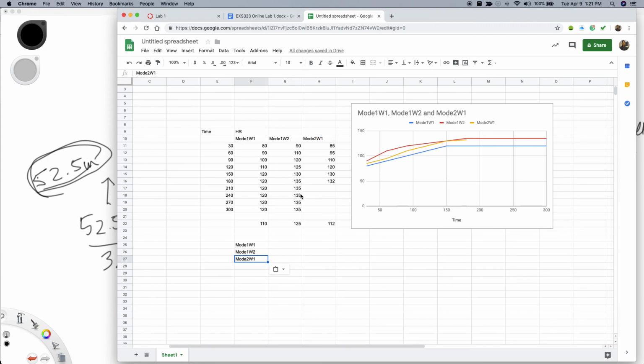And now what we see is that mode 1, work 1, the average heart rate was 110. Mode 1, work 2, average heart rate was 125. Mode 2, work 1, heart rate was 112.